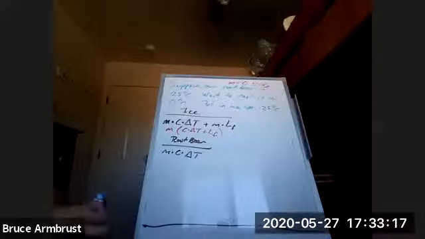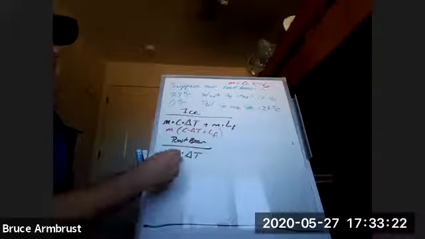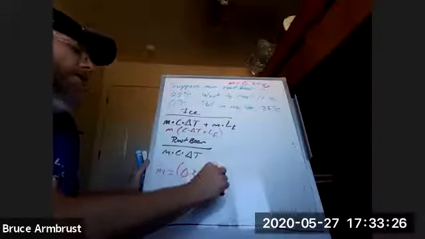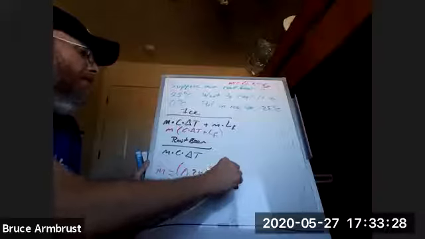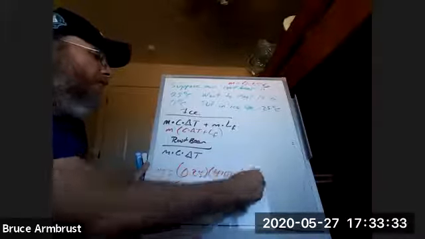So if I put this all together, I'm going to get the mass of the ice that we need. It's going to be the mass of the water times its specific heat, which I think we said was 4100, times its change in temperature, which was 25 degrees.